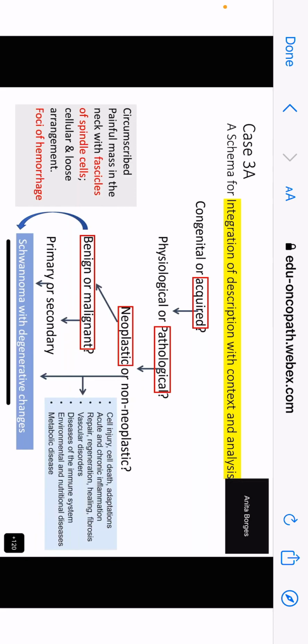Have you disappeared or are you there? I'm not able to unmute myself. Yes, ma'am. It's schwannoma with degenerative changes. I made a mistake. Yes, I agree with the diagnosis. Okay. The only reason that you didn't make the diagnosis is that you made the right observations, but your interpretations were not consonant with your observations.